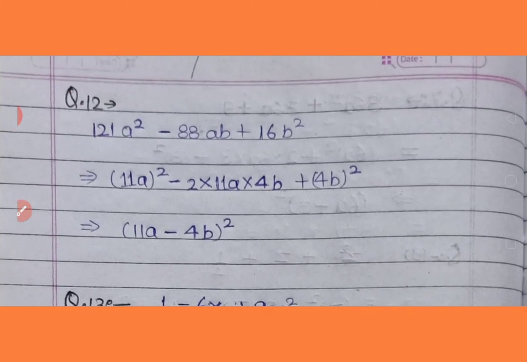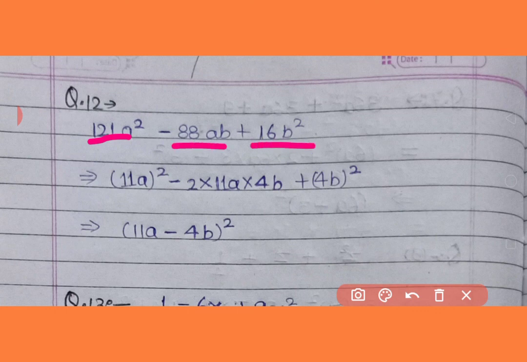Question number 12. It has given 121a square minus 88ab plus 16b square. Here minus is given. Firstly we have to see what signs are given. Here one sign is minus, which is not a perfect square.